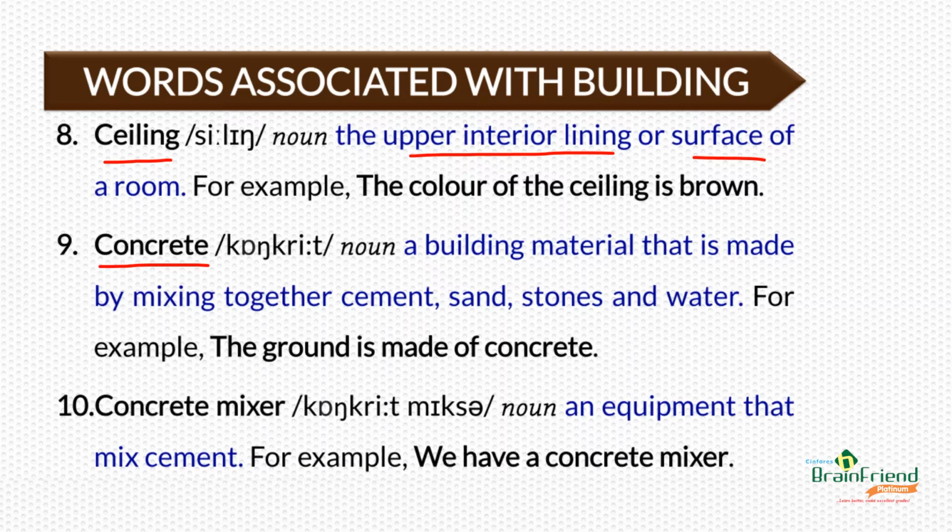A concrete is a building material that is made by mixing together cement, sand, stones, and water. In a sentence, we can say the ground is made of concrete. Also, we have concrete mixer. A concrete mixer is an equipment that we use to mix cement. For example, we can say, we have a concrete mixer.